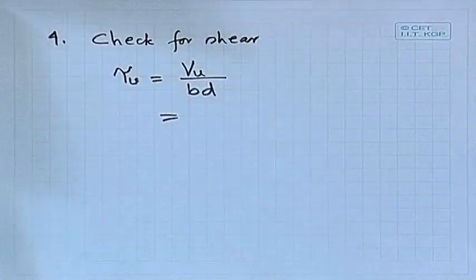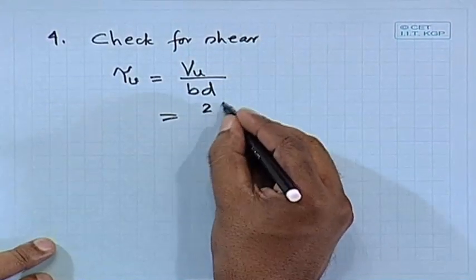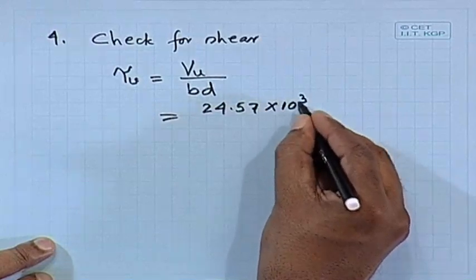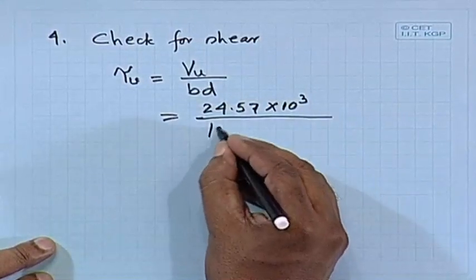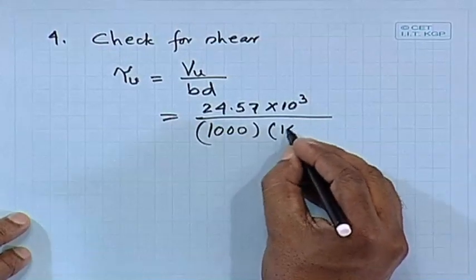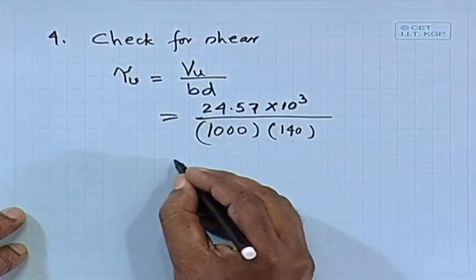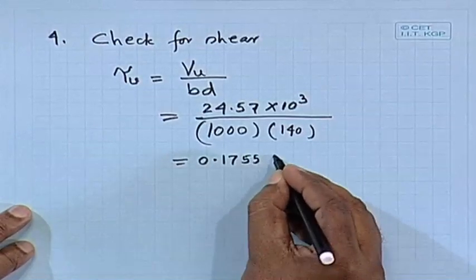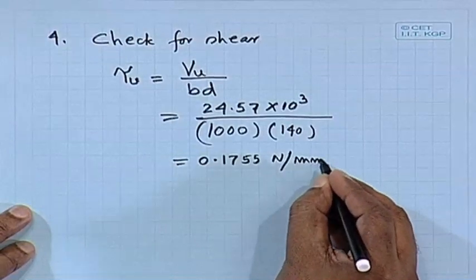So, 24.57 into 10 to the power 3 Newton divided by 1000 times 140, which comes as 0.1755 Newton per square millimeter.